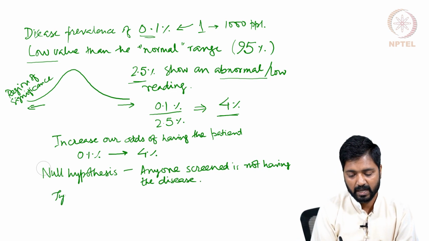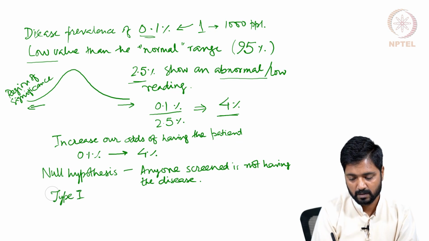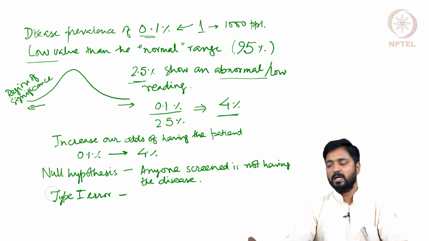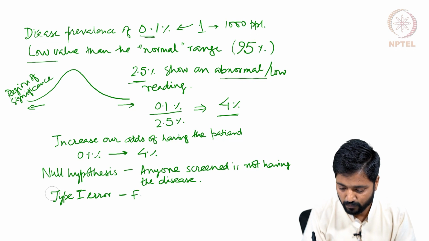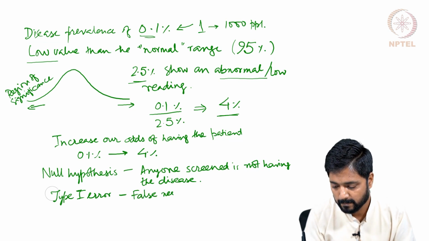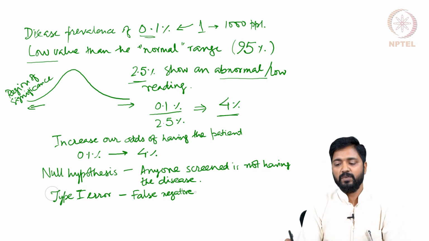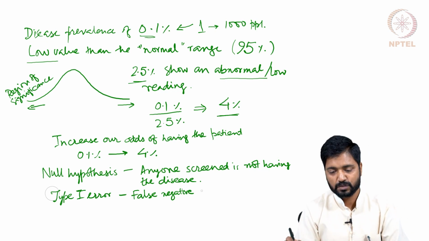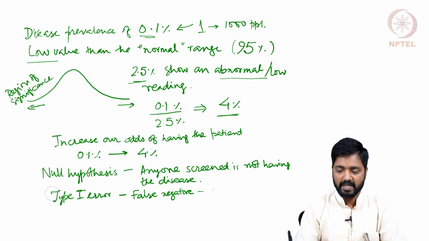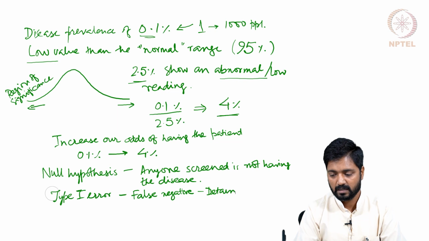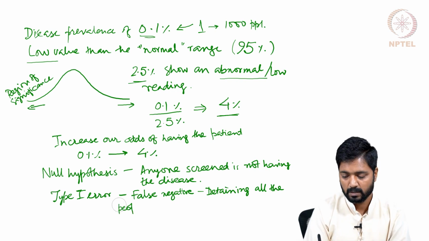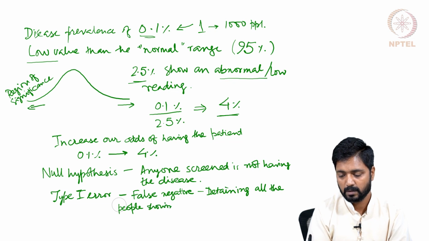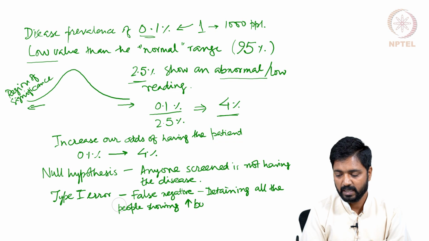Now, type 1 error in this context would be what we call the false positive, that is, when we reject the null hypothesis when it is true, and that would imply detaining all the people showing increased body temperature.